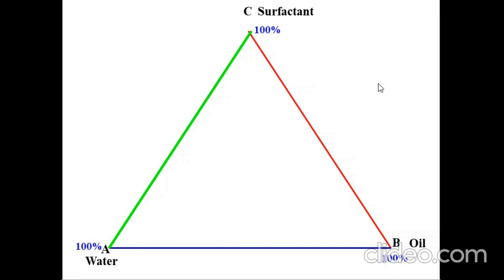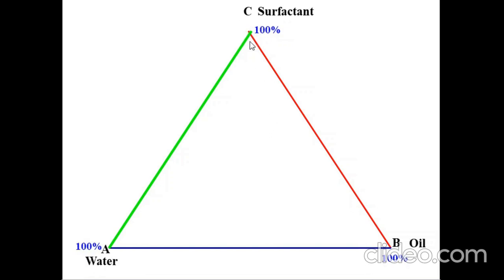So, what is to be remembered here are the rules to construct the ternary component diagram. We have a triangle and three vertices representing the pure form of the components. When I say pure form of the component, we will take it as 100% of that particular component. That means 100% of surfactant alone, 100% of water alone, and 100% of oil alone.